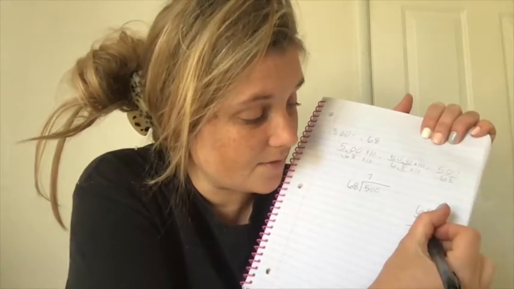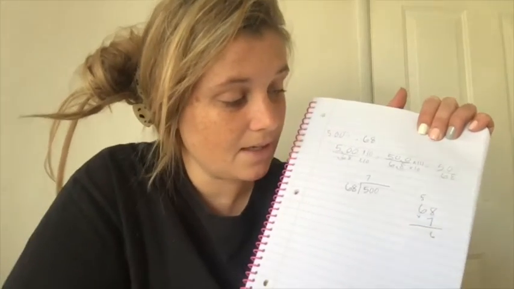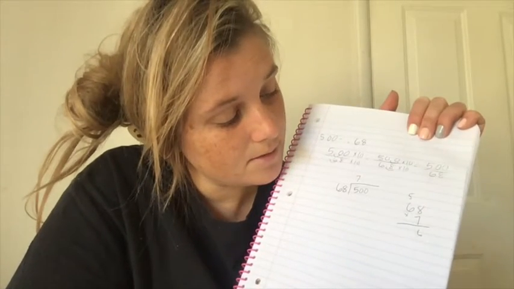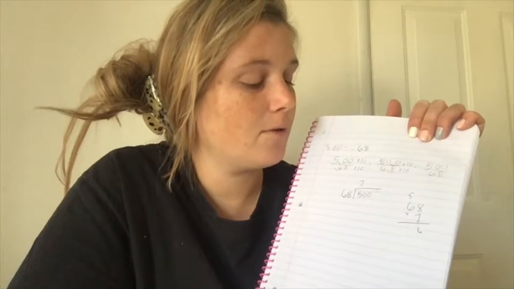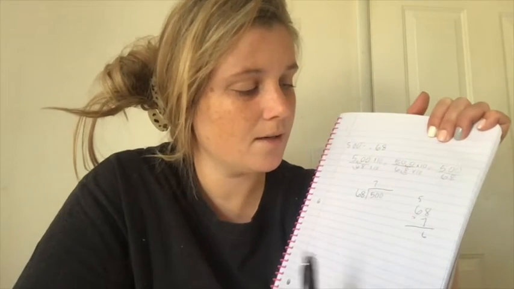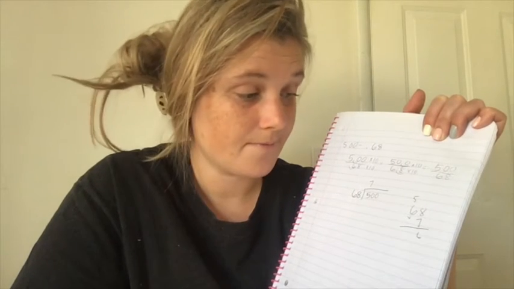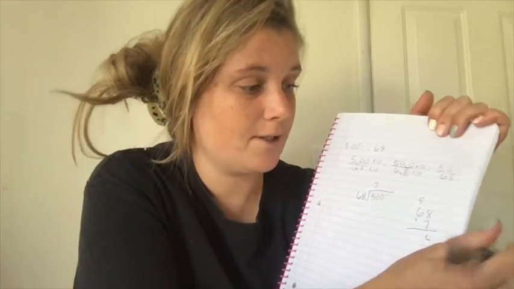Seven times 8 is 56. 7 times 6 is 42, 43, 44, 45, 46, 47.